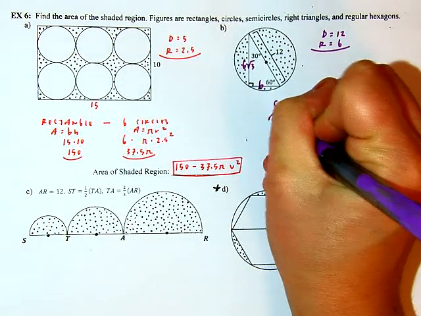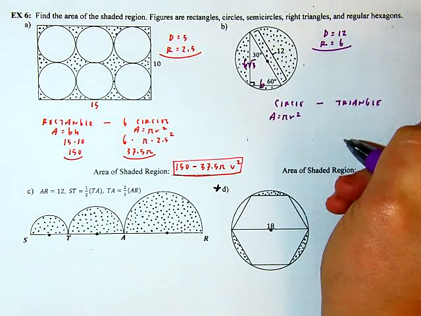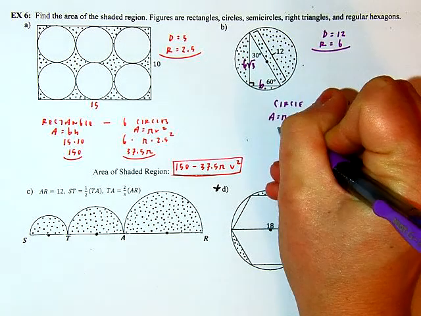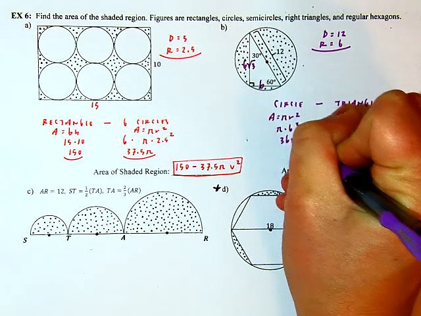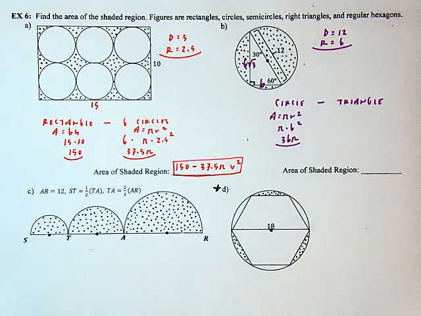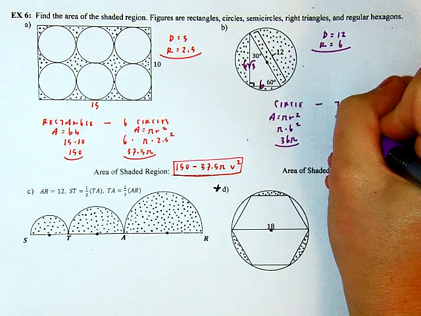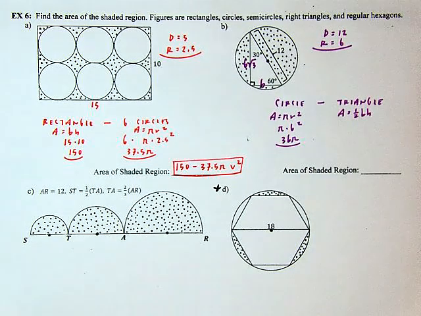So circle is pi r squared, and my radius is 6. So pi times 6 squared, we get 36 pi for the entire circle. Okay, triangle, right, it's a right triangle. I can use 1/2 base times height. My legs are 6 and 6 root 3.